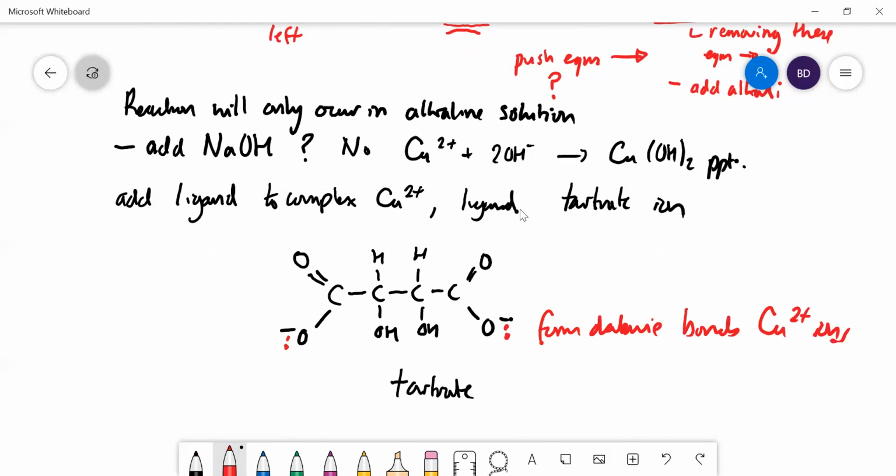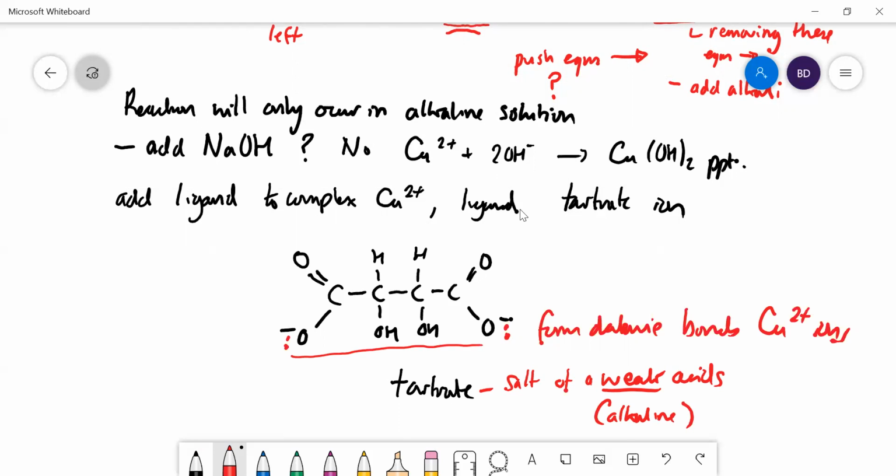Also, because again this is a little bit more year 13, tartrate is a salt of a weak acid. Now, solutions of salts of weak acids are always slightly alkaline, because if it's a weak acid, it means that this is a fairly good base.